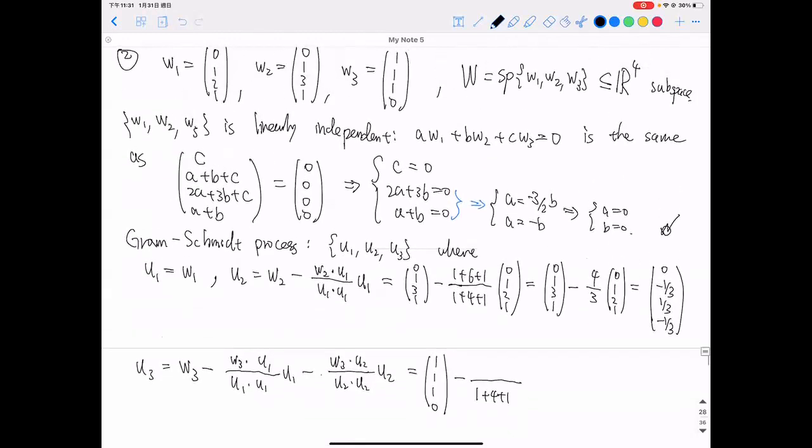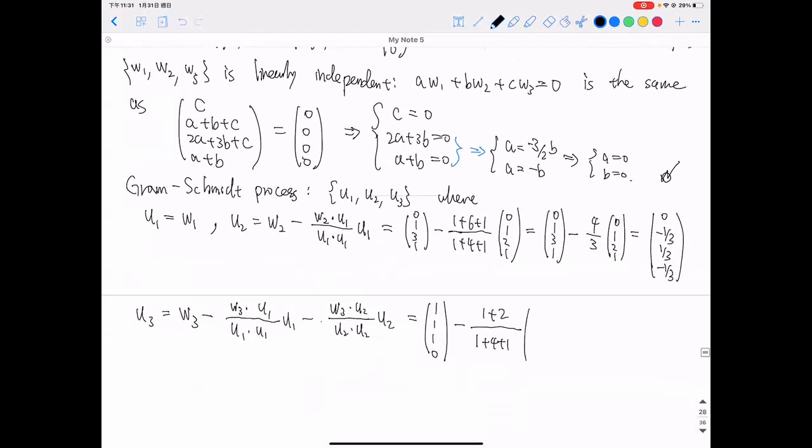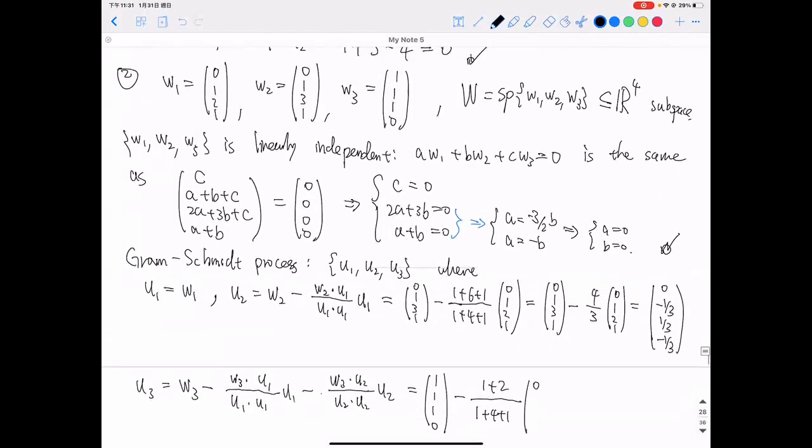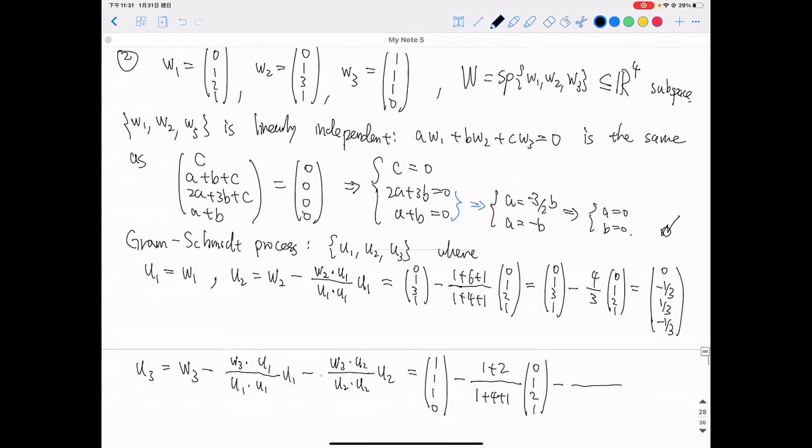W3 dot U1 is, let's see, 1 plus 2. Okay, and we have U1 here, that's 0, 1, 2, 1. And then we also have U2 dot U2.